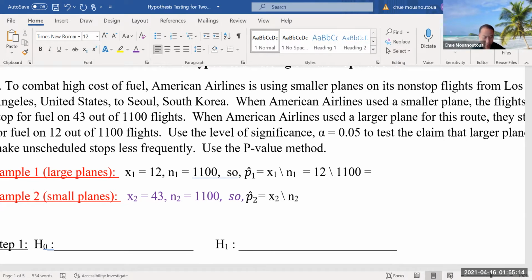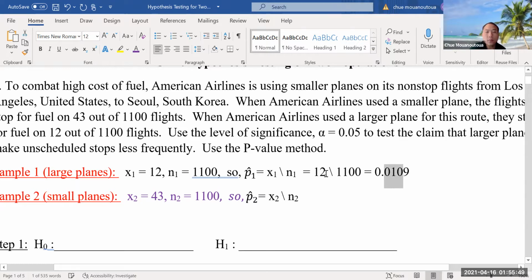Bring your calculator: 12 divided by 1100 is 0.0109. I'll use 4 digits, though we can use 3 decimal digits if you want. Anyway, I'm going to keep it at 4 digits here.